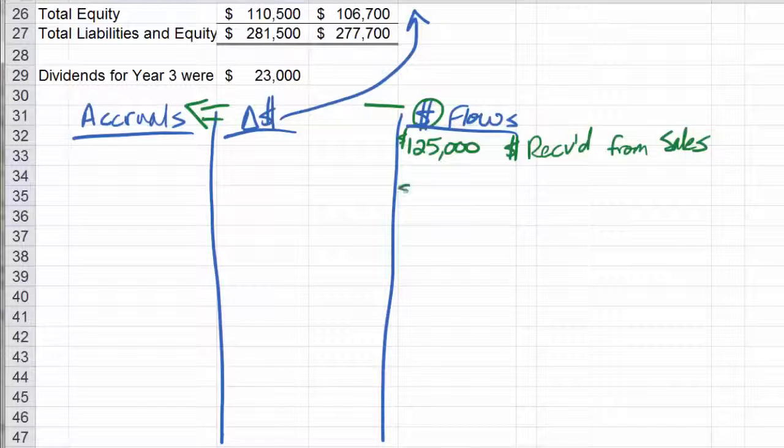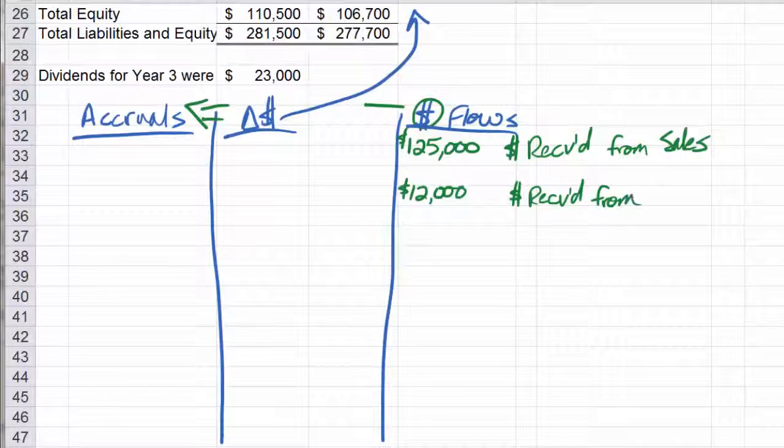You have 12,000 cash received from rent. Then we switch to our outflows. And again, remember that with our worksheet, we have to make sure we have the positives and negatives in these columns. So cash received is a positive, cash paid is a negative.